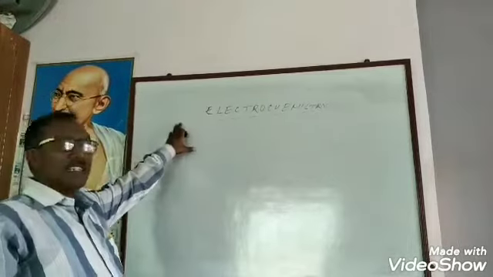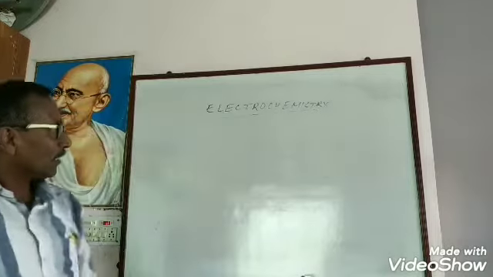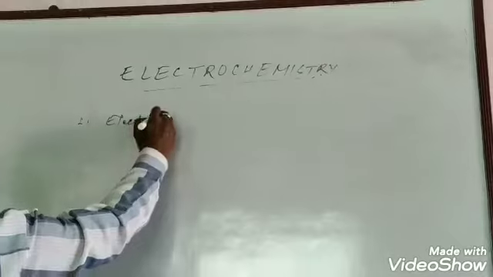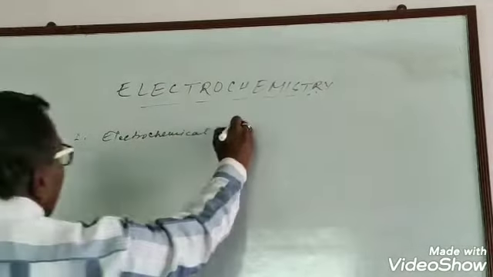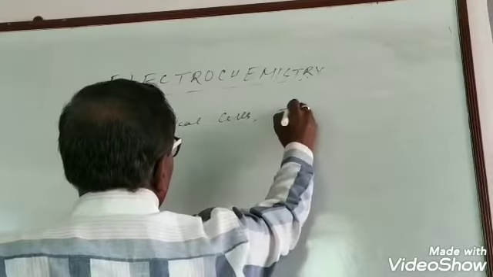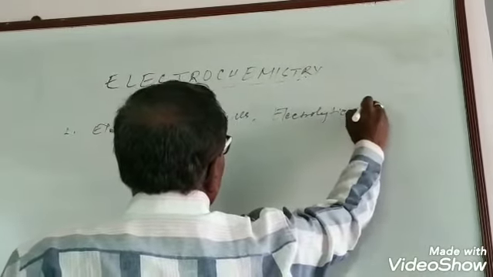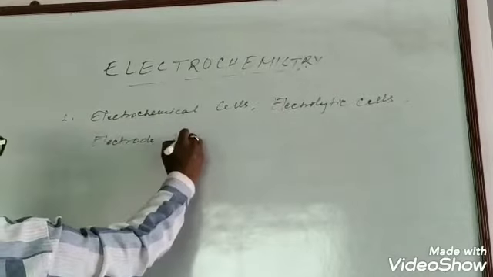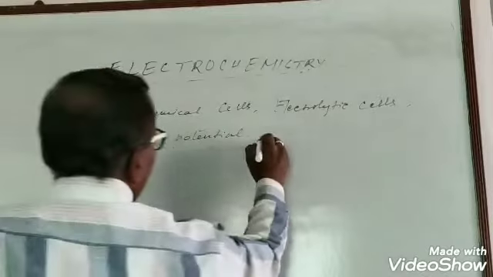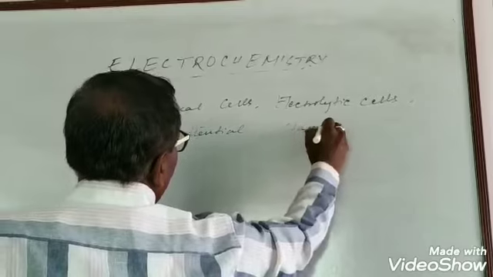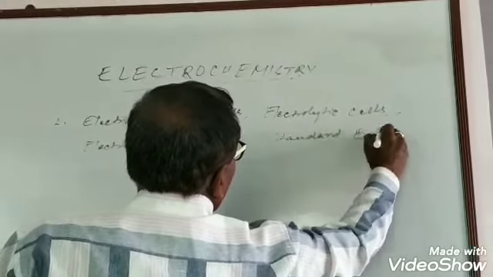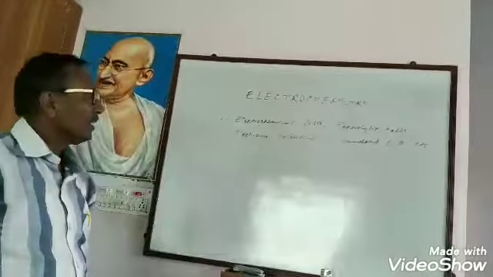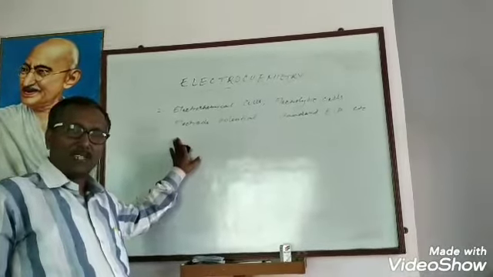Now we have certain specific terms in this unit, and these are electrochemical cells, electrolytic cell, electrode potential, standard electrode potential, etc. Students, all these terms we have already discussed in class 11 also, in the chapter redox reaction.